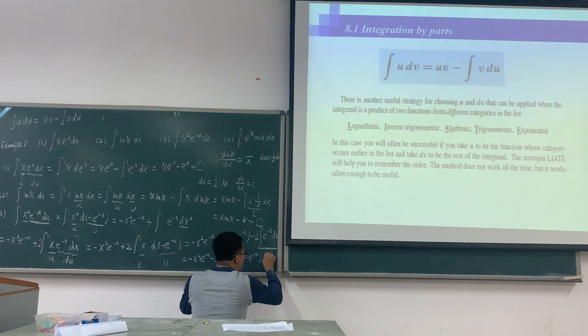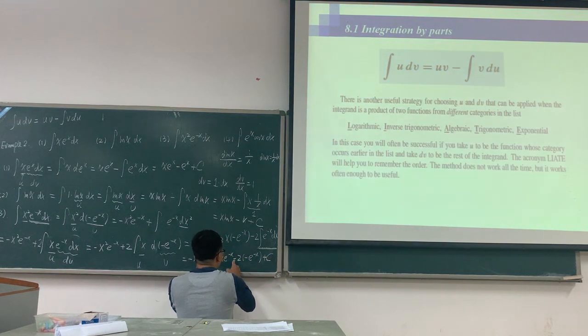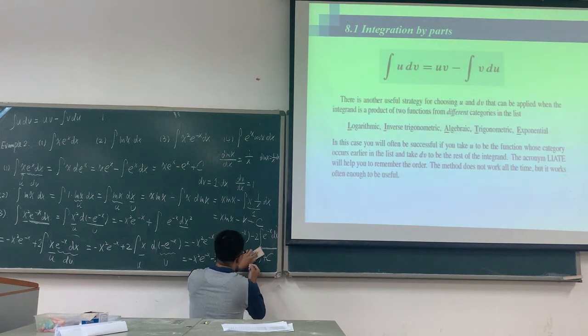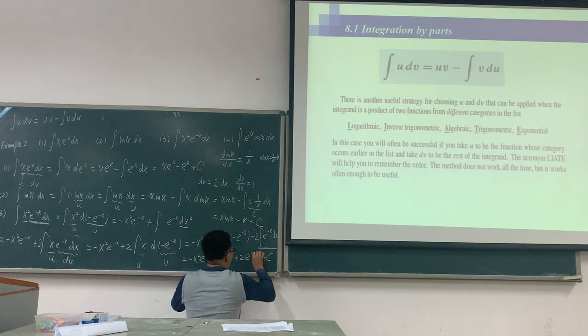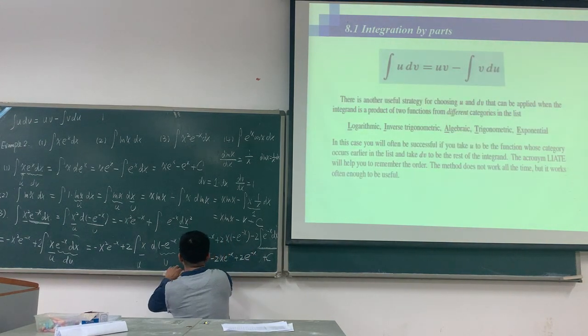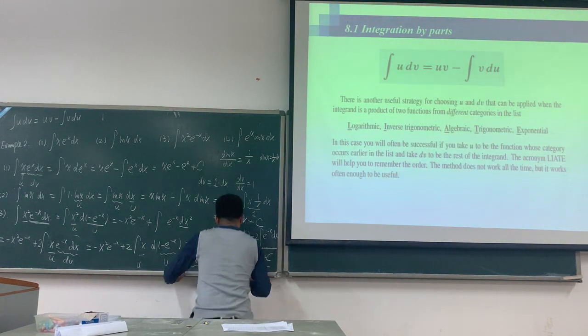Do not forget the constant c. Minus minus is plus, so the result is plus 2e to the minus x. So this is the result.